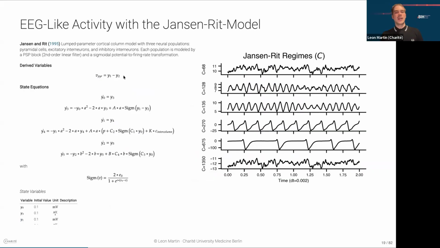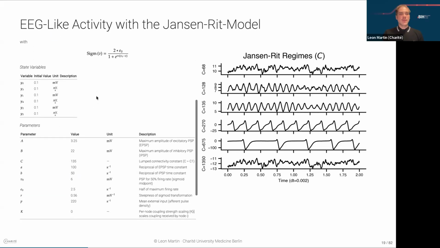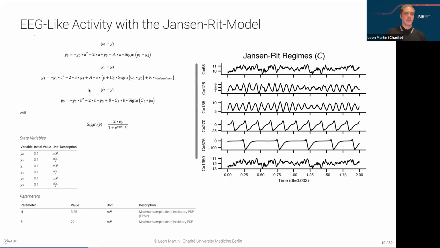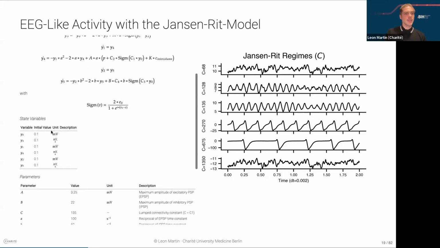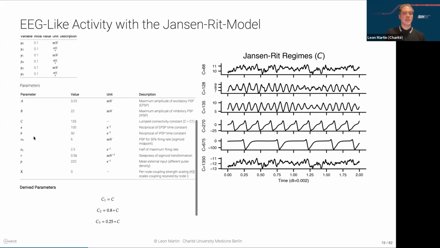And we derive as the main output of this cortical column, which is basically a difference of the input of the excitatory and inhibitory interneurons to the pyramidal cell. And we have then some functions that convert the input, the state variables and the different parameters.